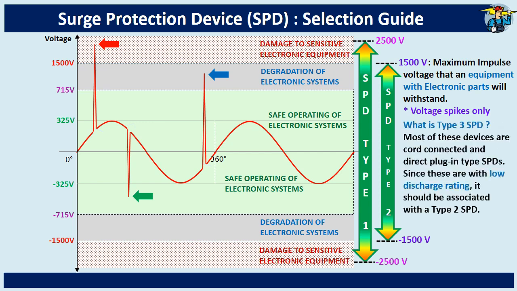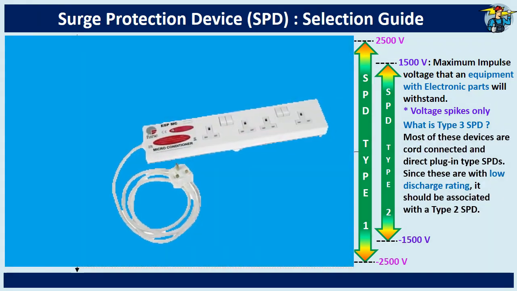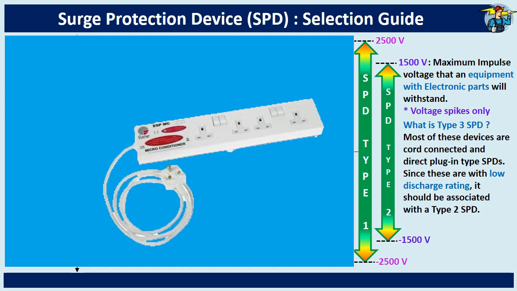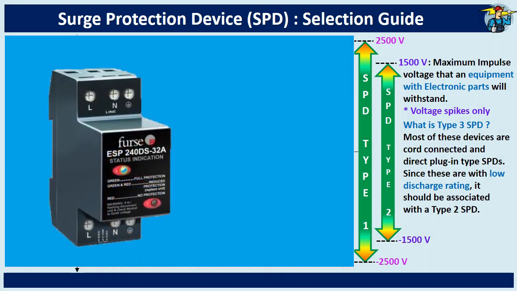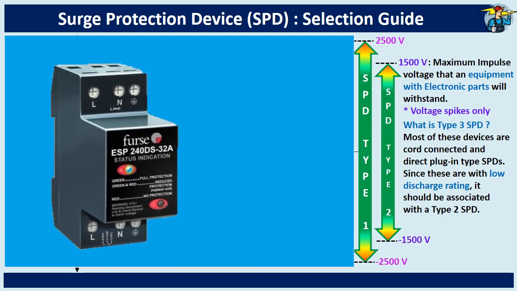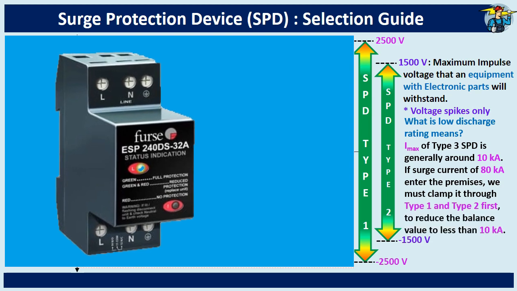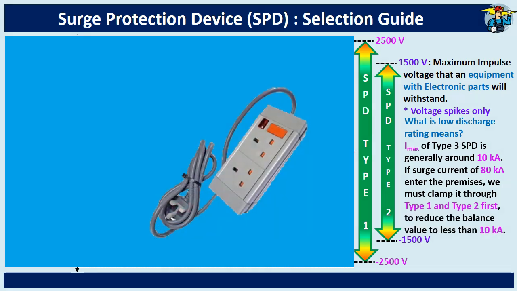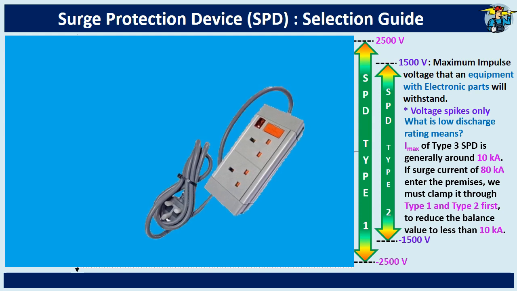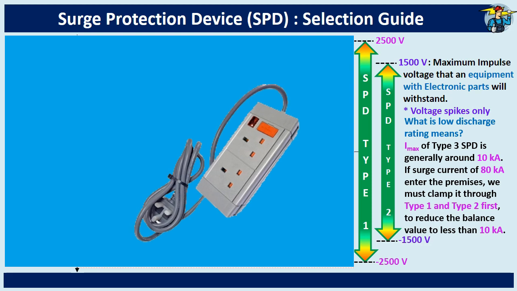What is SPD type 3? Most of these devices are cord connected and are direct plug-in type SPDs. Since these have a low discharge rating, they should be associated with the type 2 SPD. What does low discharge rating mean? Imax of type 3 SPD is generally around 10 kA and is comparatively low when considering type 1 and type 2 SPDs.